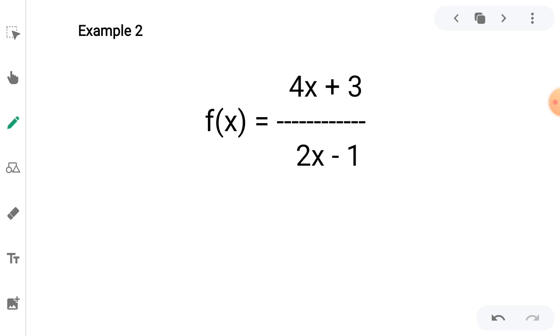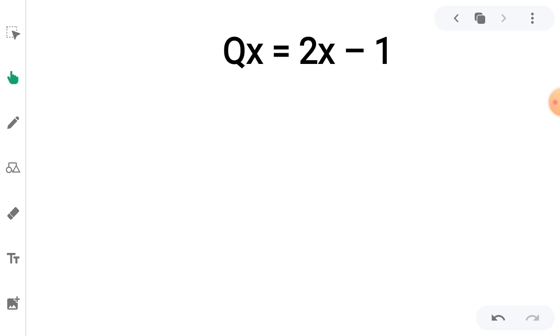The next example is f of x is equal to 4x plus 3 all over 2x minus 1. So how do we get the domain again? We need to use the denominator. So our denominator, or the q of x, is equal to 2x minus 1. Again, we need to get the value of x.